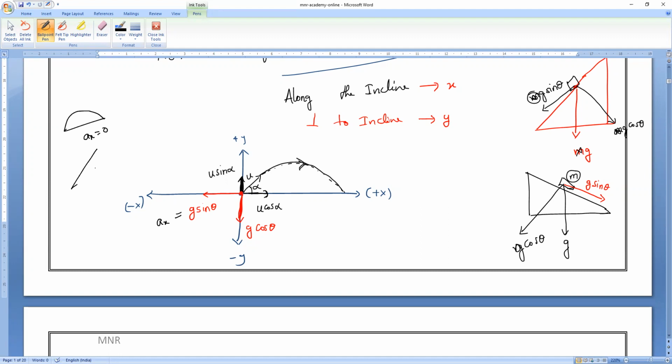But if it is an inclined surface, acceleration is always acting in the minus x direction. So acceleration in the x-axis is minus g sin theta. And as usual, acceleration in the y direction is minus g cos theta, because it is an inclined surface.